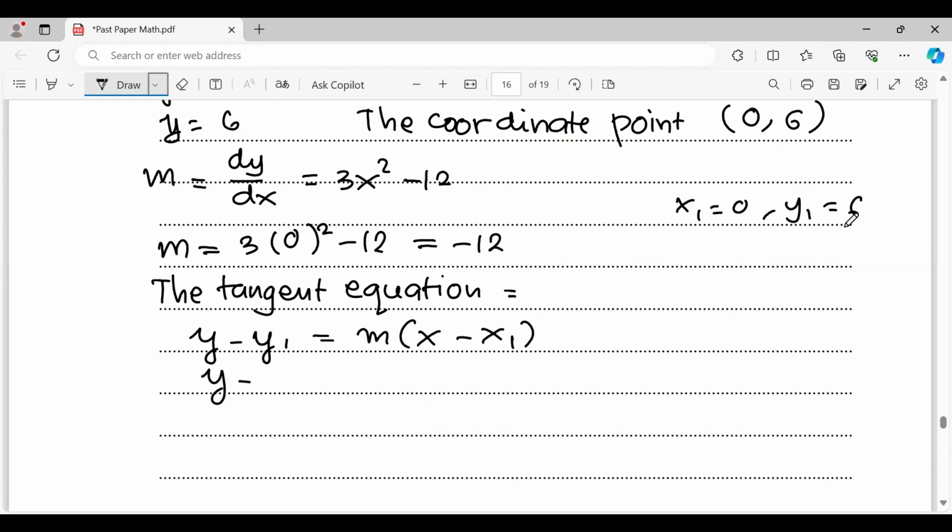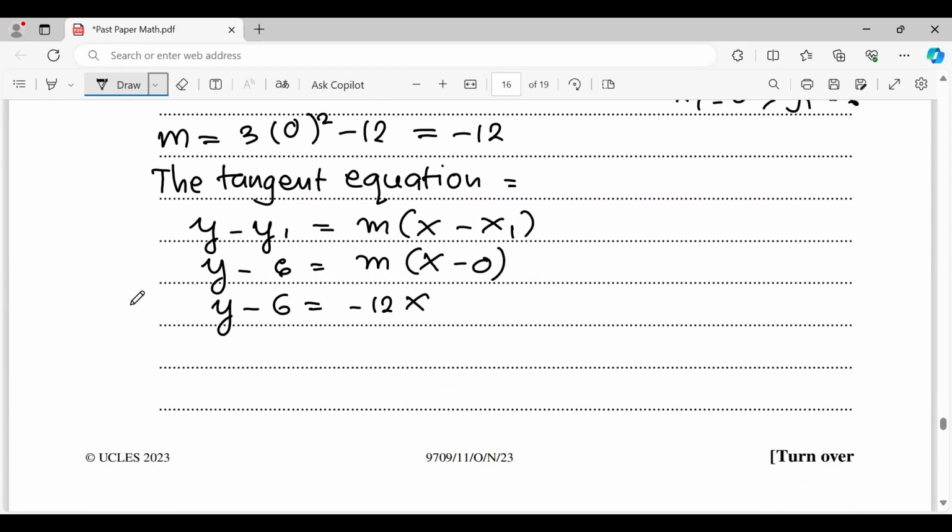Substitute y1 and x1, and m equals negative 12. So y minus 6 equals minus 12x. So y equals minus 12x plus 6. This is the equation.